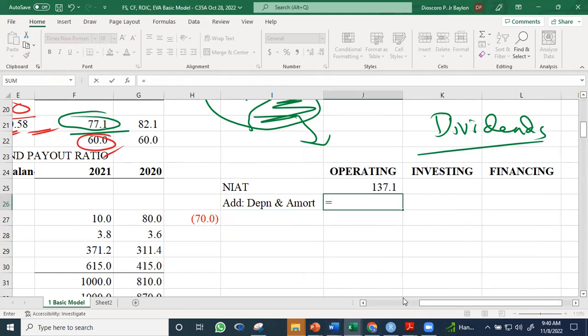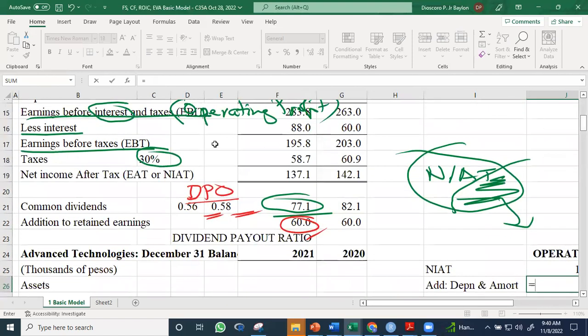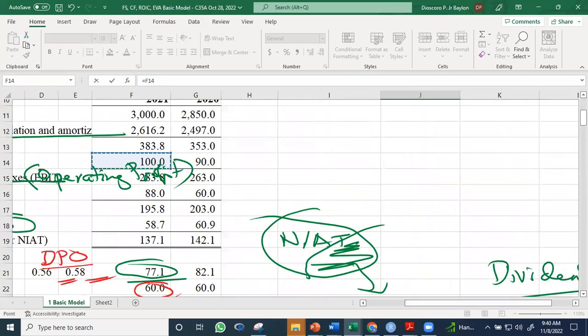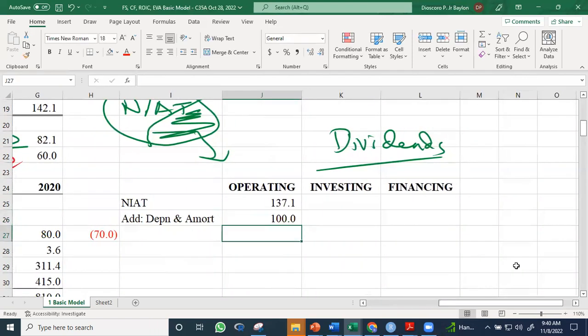So the 2021 depreciation and amortization is this one, 100. So I'm going to link that one, under operations also. All right, that one. So in effect, we have converted back your net income after tax into a cash flow, because we added back an expense that's non-cash.